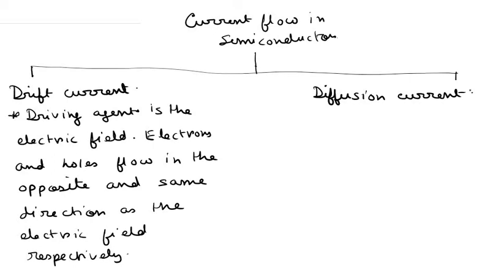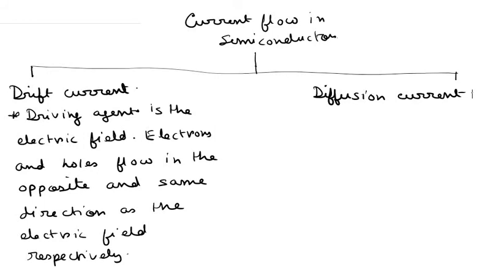When you put one drop of ink in one corner of the water, that area has a very high concentration of ink molecules, and these ink molecules gradually flow from the point of high concentration to other points with lower concentration, and that is how gradually the entire water becomes colored. Similar is the case of electrons.